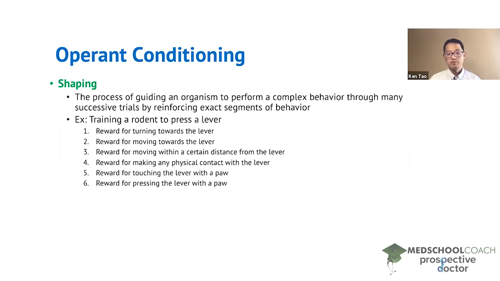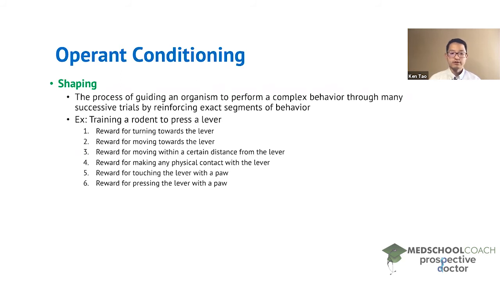So once the animal masters the second task, you're going to withhold the reward again. And now you're going to require the rodent to face the lever and move a certain distance from the lever. So now you want the animal to approach the lever. Again, when the animal learns to do this, you're going to withhold the reward again.